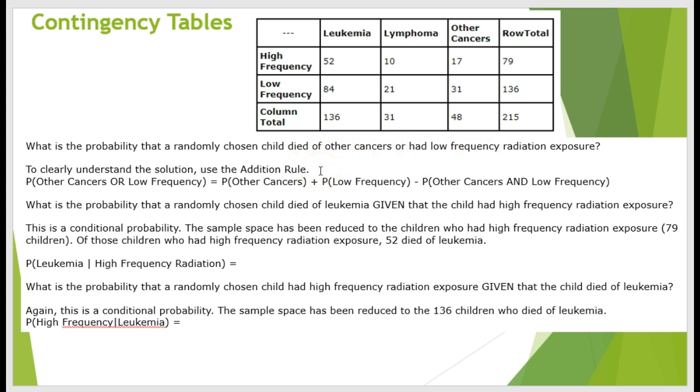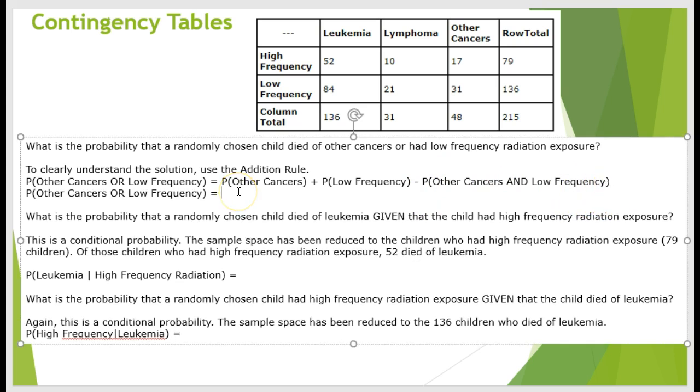So here we need to use the addition rule, and it is, if you recall, the probability of A plus the probability of B minus the probability of A and B. So the probability of other cancers is 48 out of 215, plus the probability of low frequency is 136 out of 215, minus the probability of other cancers and low frequency.